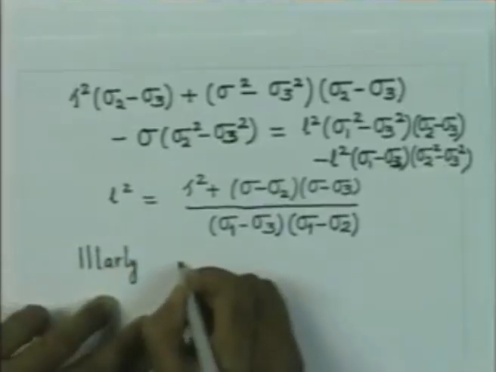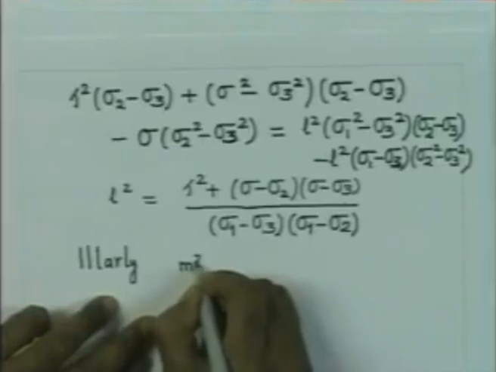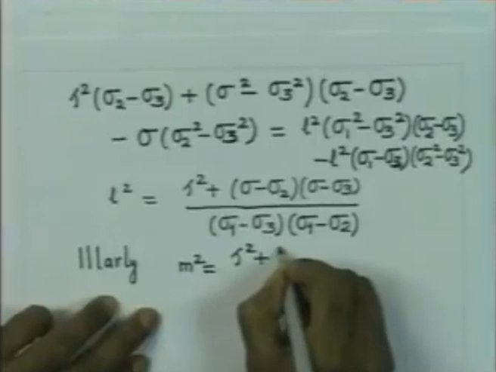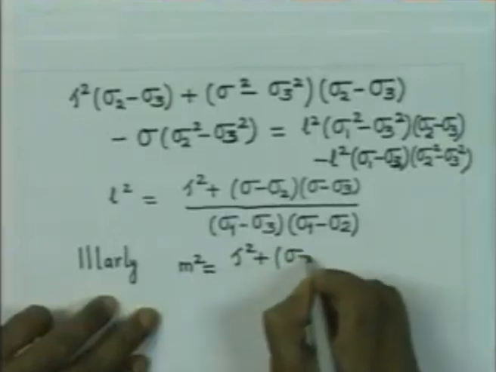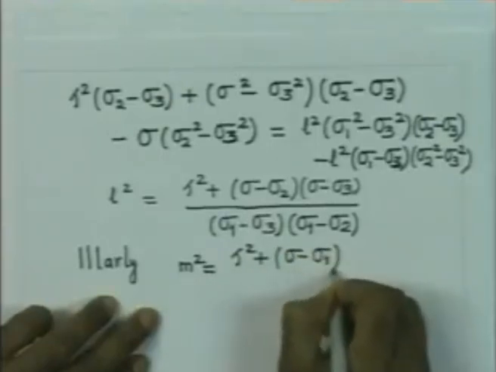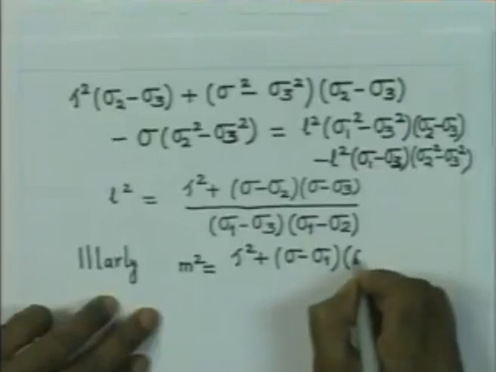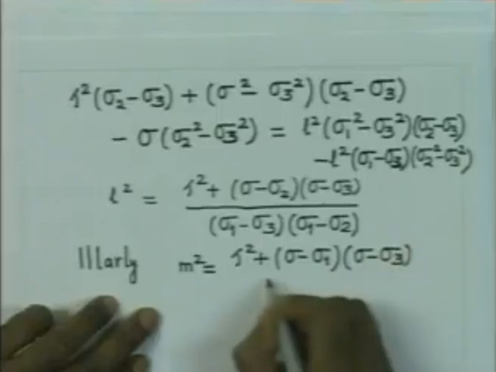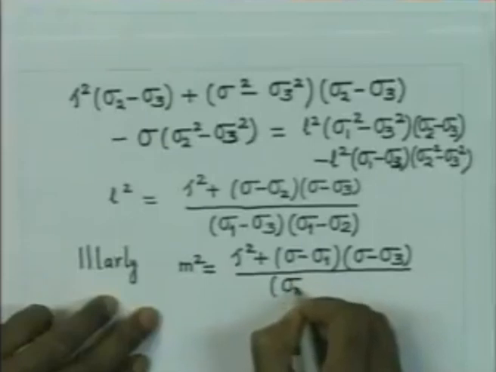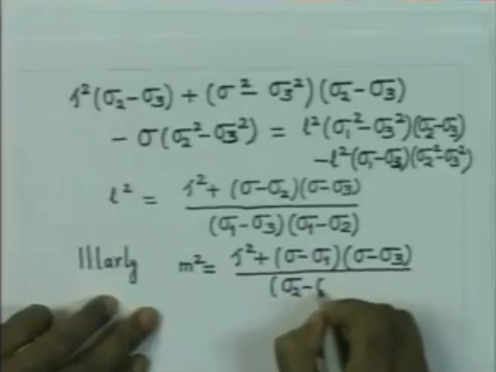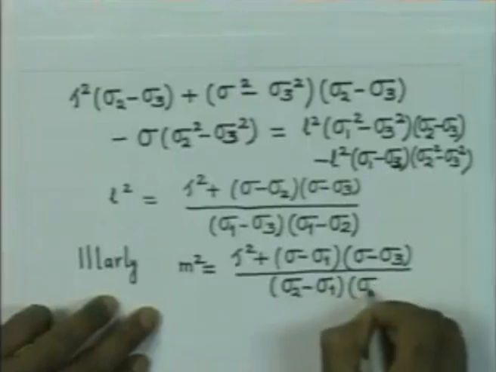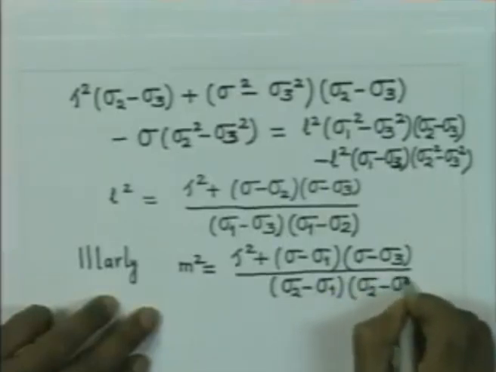we will get m square is equal to tau square plus sigma minus sigma 1 into sigma minus sigma 3 divided by sigma 2 minus sigma 1 into sigma 2 minus sigma 3.